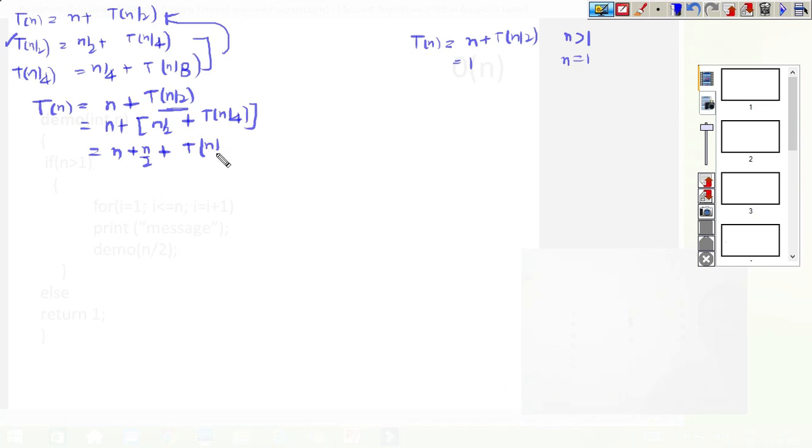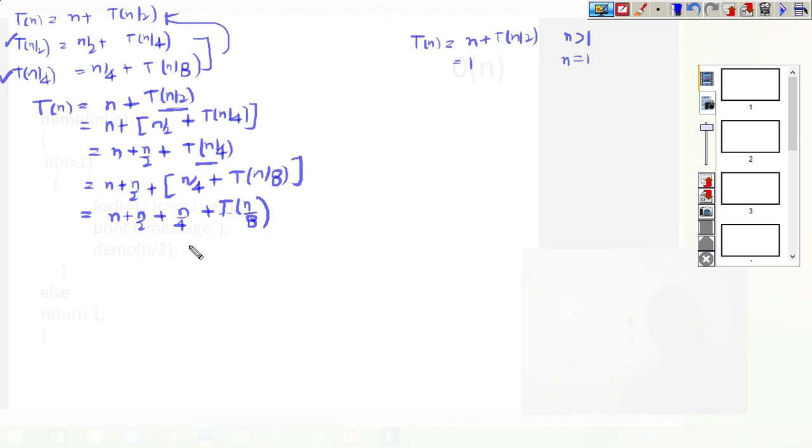Okay, replacing this with this, n/4 + T(n/8). So what we get, n, n/2, n/4, T(n/8). Okay, so by expanding up to 3 steps, we need to find out the generic term. So we will have a look into this and we'll try to find out.